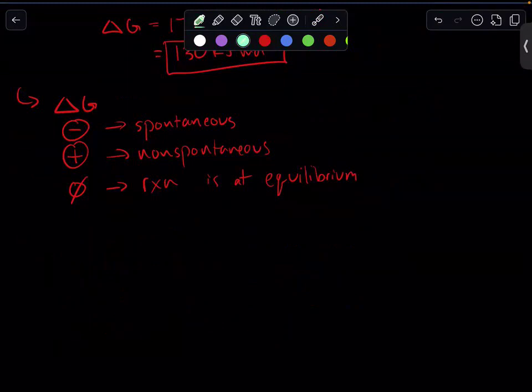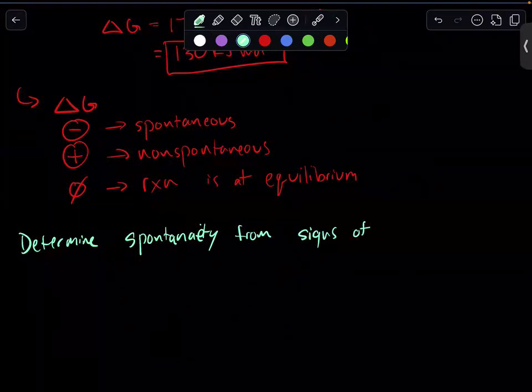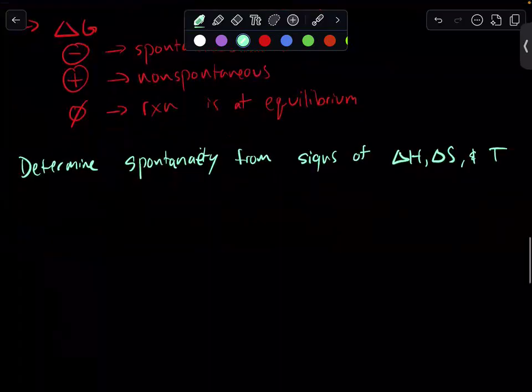So, the last part of this is we can therefore determine spontaneity from signs of delta H, delta S, and T, well, at least the magnitude of T. So what do I mean?